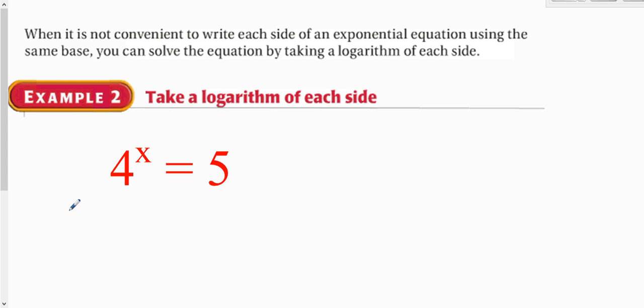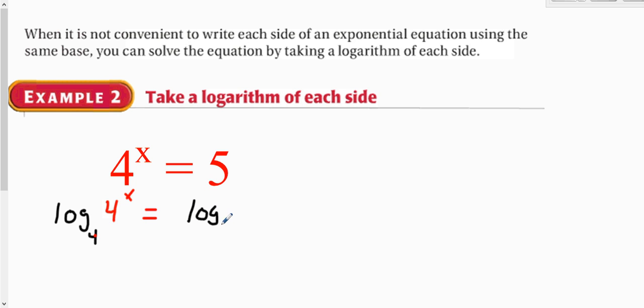So, using logarithms, I'm going to go log base 4, because this is 4 to the x power. We want the bases to match. And whatever I do to one side of the equation, I also have to do to the other side.